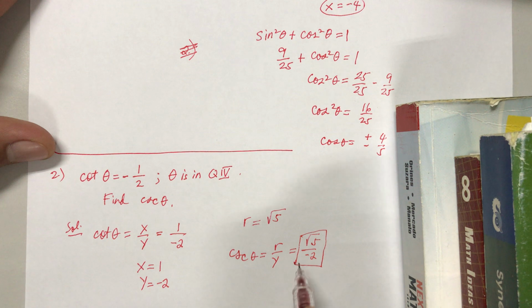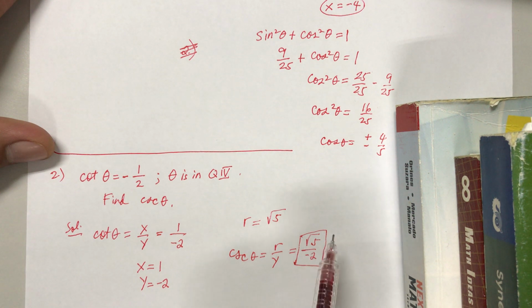Pero sa multiple choice exam, usually kanang negative sign ako nang ginabalik diri sa tunga. Okay? And you have to be mindful kung kanang negative sign is not placed in the numerator nor in the denominator. You have to be mindful which of the two between the numerator or the denominator is a negative number.